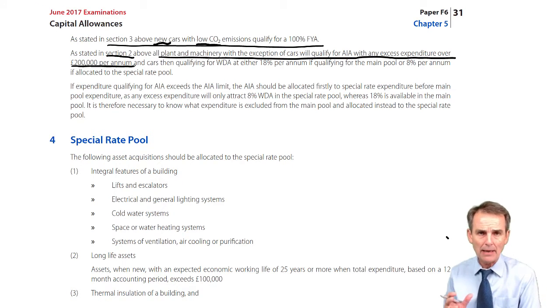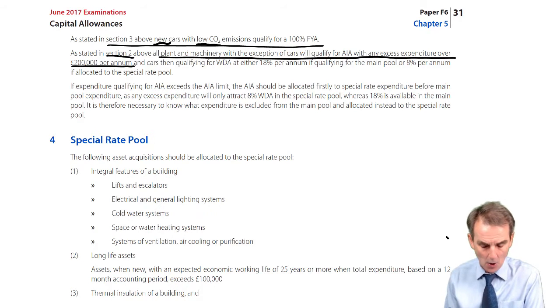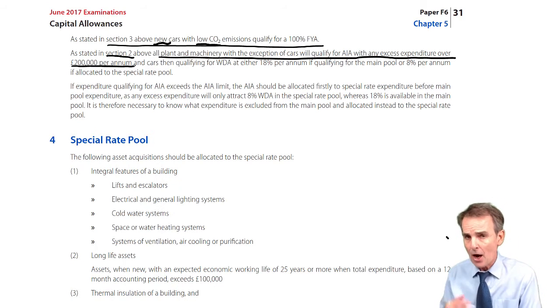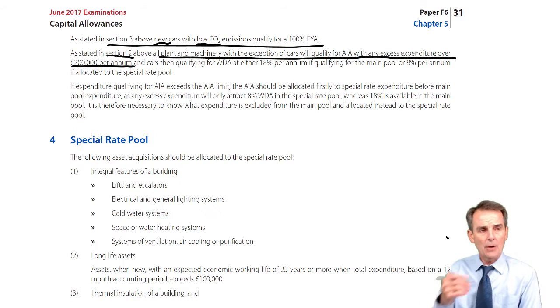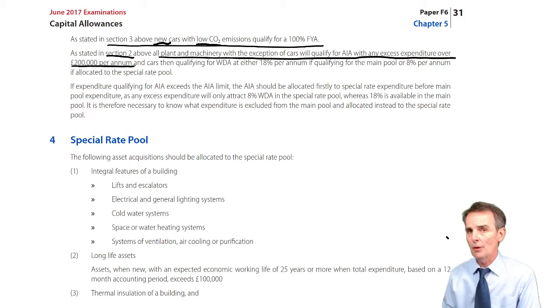But that's based on a 12-month period. So if we had a short or long period, you'd have to time apportion, net down or gross up, based on 200,000 for a 12-month period. Anything over the 200,000 limit, we can't have AIA, so it's WDA.